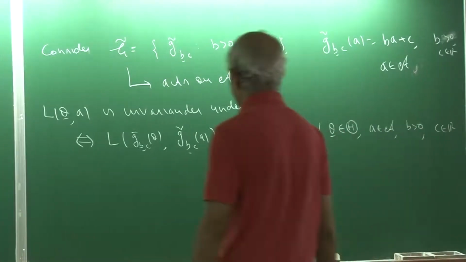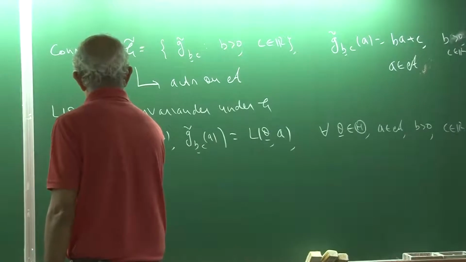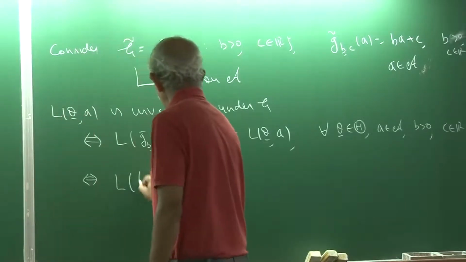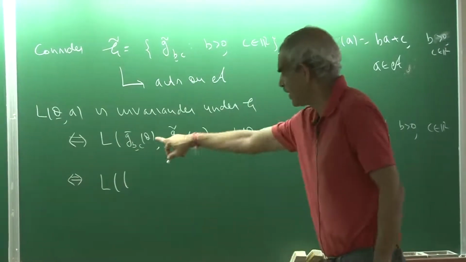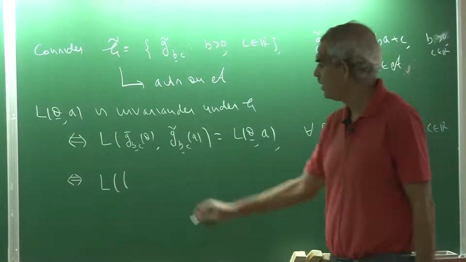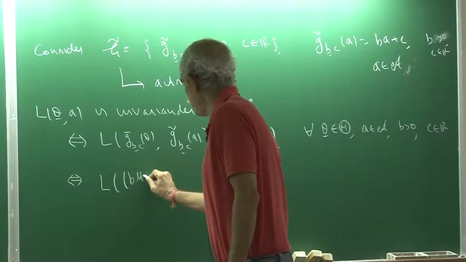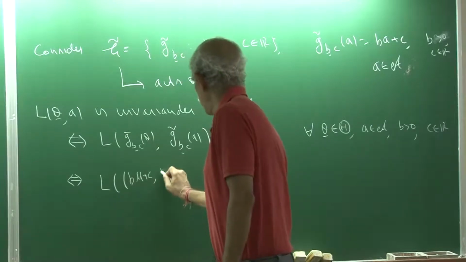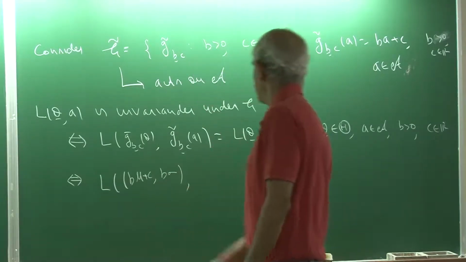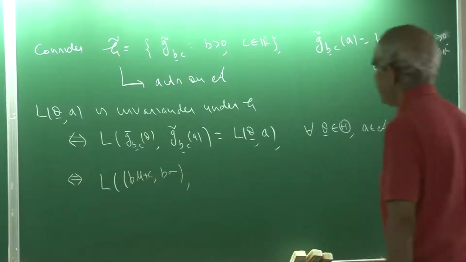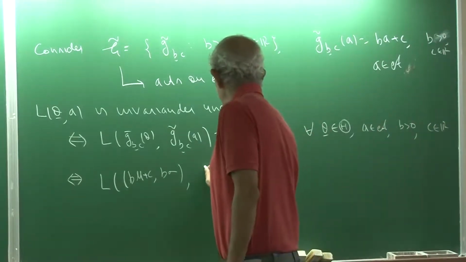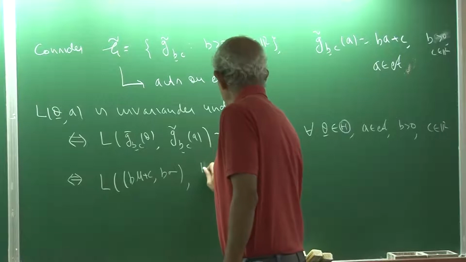Let us try to see what it is. This is equivalent to saying that L of, what is G bar_bc theta? Theta has two components, mu and sigma. Under G bar_bc, mu goes to b mu plus c, sigma goes to b sigma. G tilde_bc of a is nothing but b a plus c.